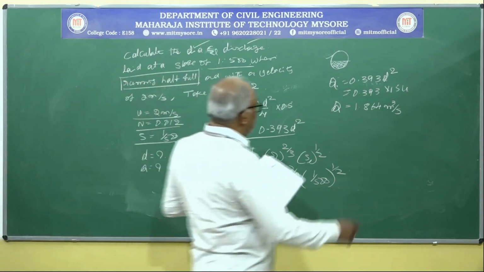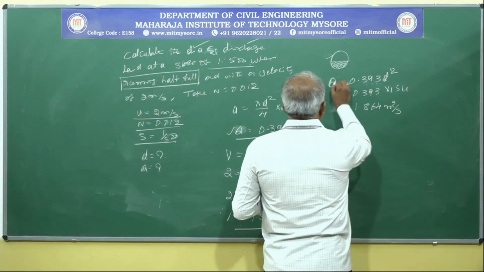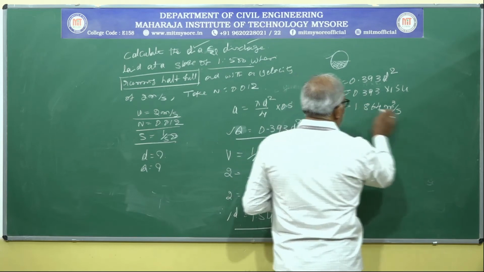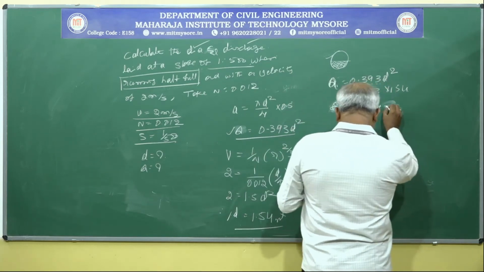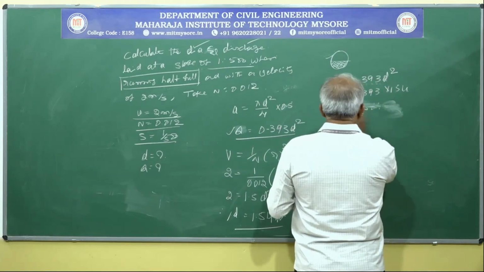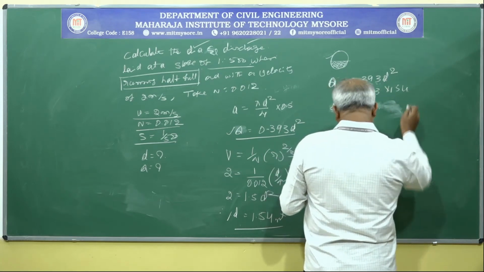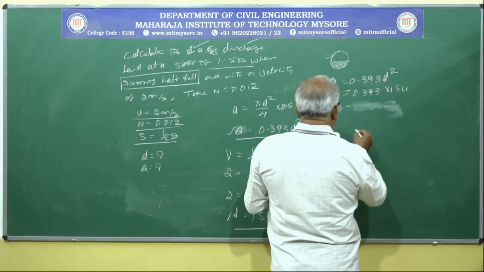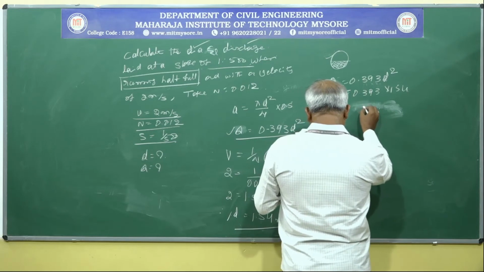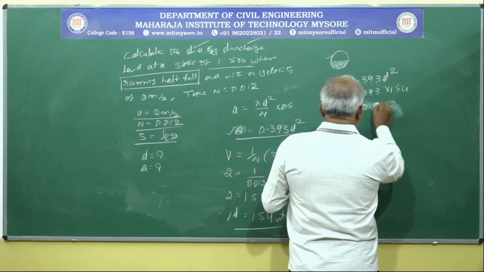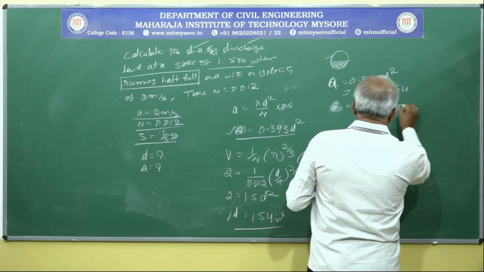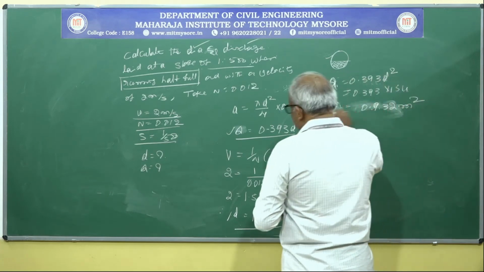Sorry, this is not discharge. This is the area I am calculating. This is in meters. 0.393 into 1.54 squared. Therefore, A equals 0.932 meter square.